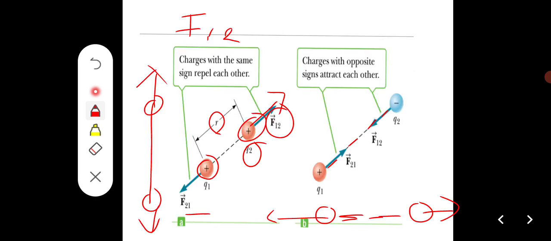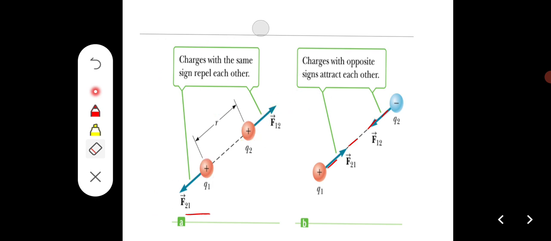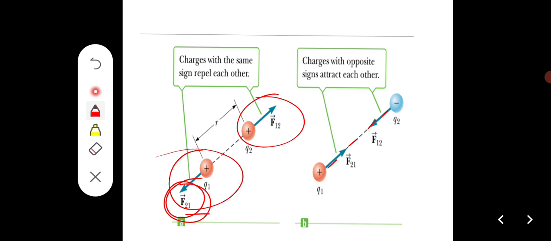One more thing you have to understand here is that these two forces are always equal but in opposite directions. It doesn't matter the size of the charges. The force this charge exerts on this one will be the same as this force.